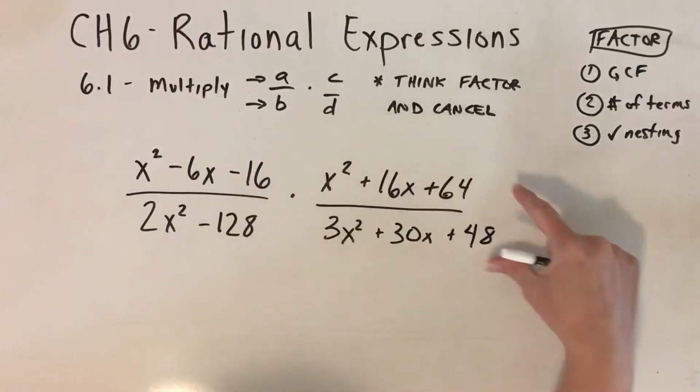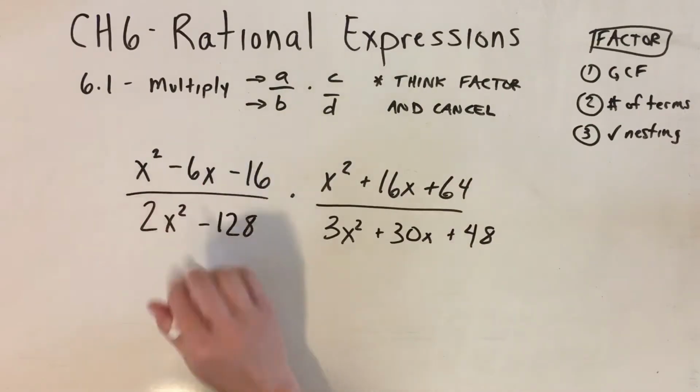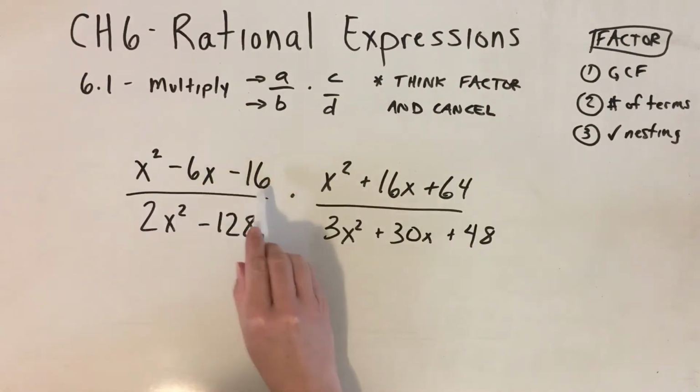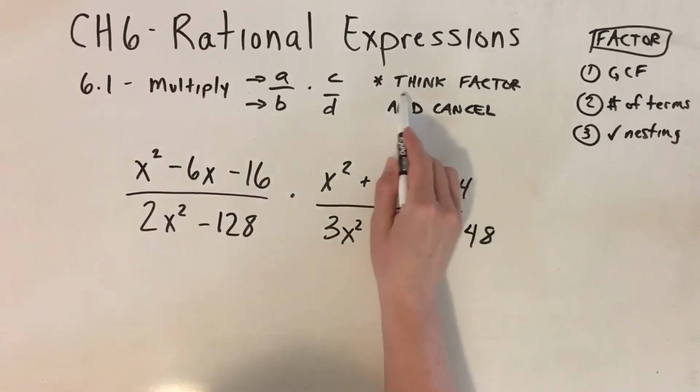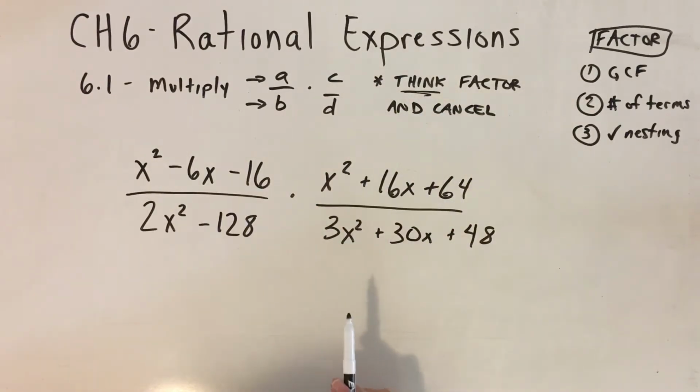So this is the first fraction, this is the second fraction. What we don't want to do is multiply this trinomial by this trinomial. What we want to do is factor and cancel.